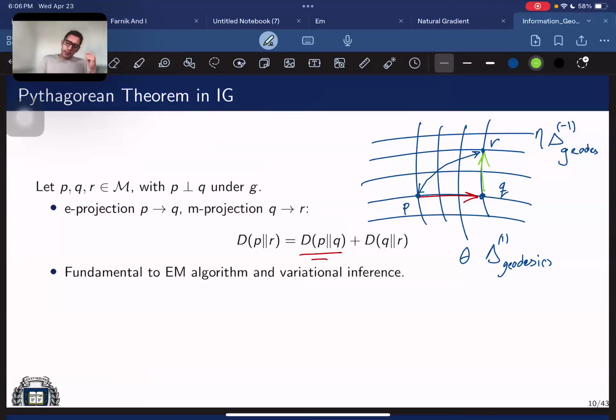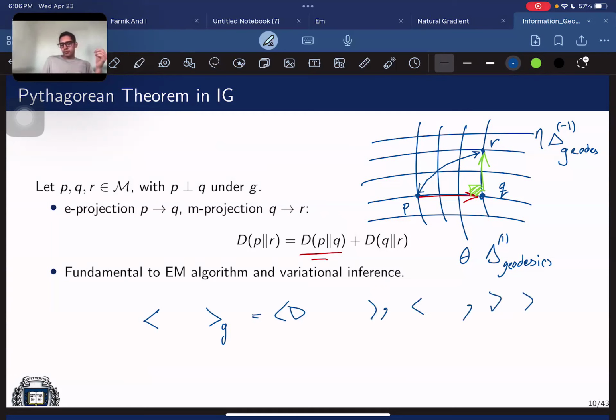And because we had this duality, we know that they are perpendicular to each other at point Q, the 2 E family and M family, because of the connection between the inner product, which is induced by G, and the duality of connections.